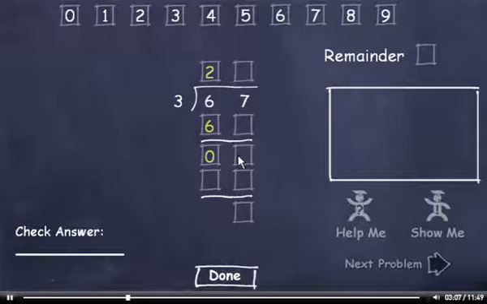Bring down the 7. 3 goes into 7 two times. 2 times 3 is 6. 7 minus 6 is 1.